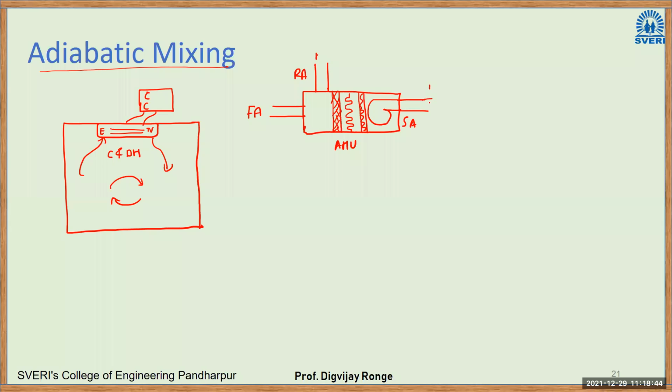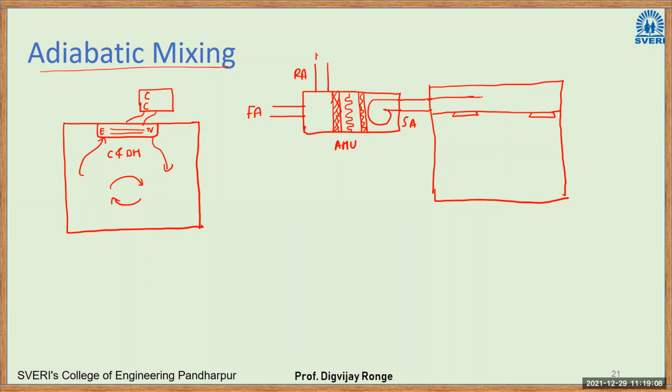There will be a room, and I am telling you this from the industrial point of view. There will be a false ceiling, and in the false ceiling there will be a supply diffuser and a return diffuser. There is a duct which supplies air to the supply diffuser. There is also another duct connected to the return diffuser, called the return duct.